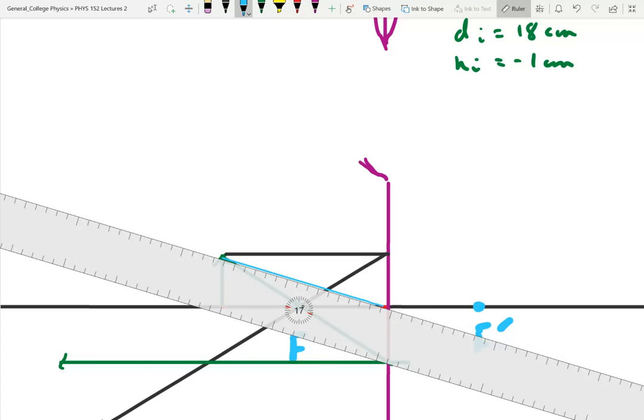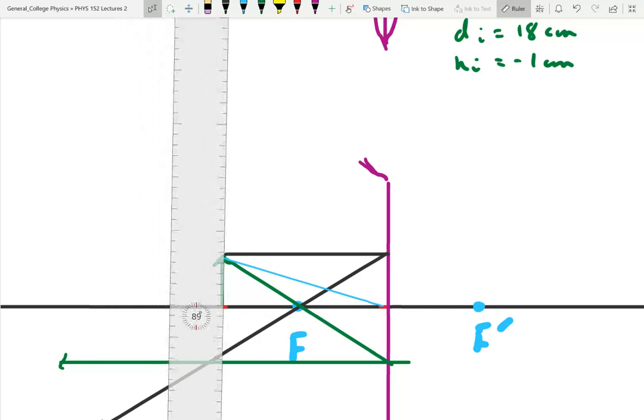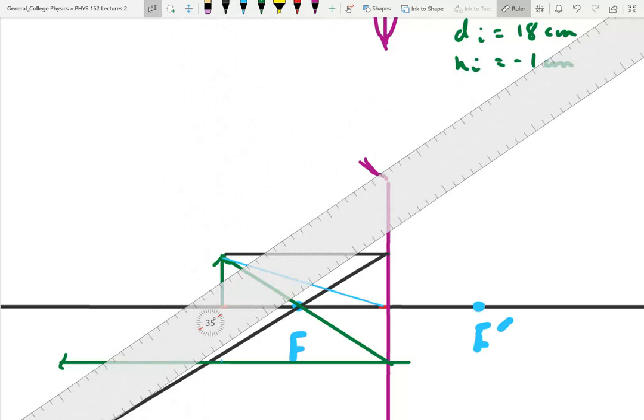Oh, that was not good. And then it needs to go the same amount below. So what I'm going to do is I'm going to actually measure the same height as I made my object down below. So I had that as 5 units. So right here. So it should go right through that little blue dot that I just made.